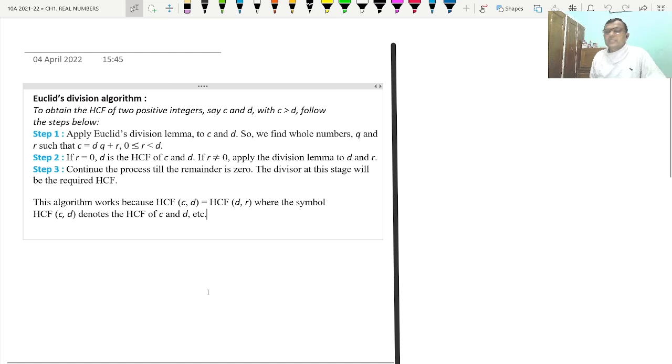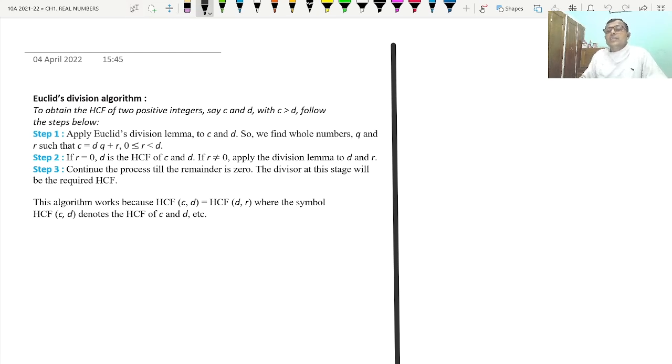Now if I explain with the example, then it will be clear to you. How to find HCF using Euclid's algorithm. Let us take two examples. Suppose 48 and 15, suppose these two numbers. A and B, these two numbers are given. You have to find HCF of these two numbers using Euclid's division algorithm.